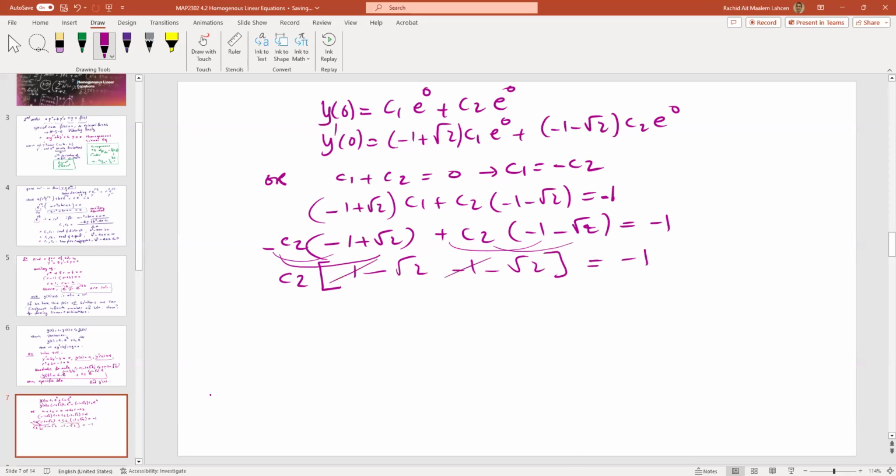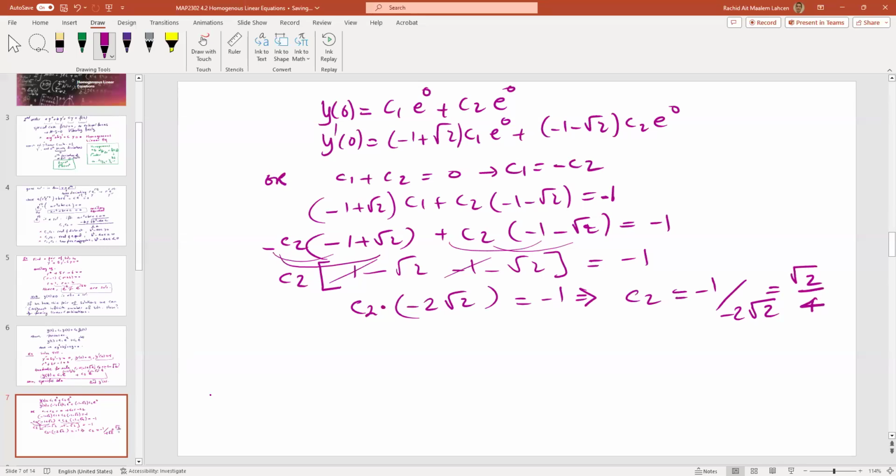And this is out. And this is negative 2 square root of 2 times C2. For negative 1, which is C2, is negative 1 over negative 2 square root of 2. Rationalize, simplify, square root of 2 over 4, which gives us C1 to be negative square root of 2 over 4 for C1.